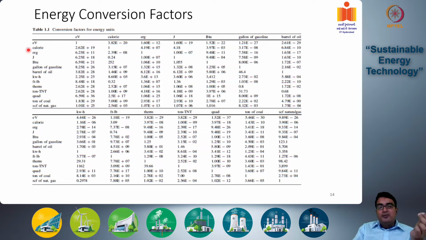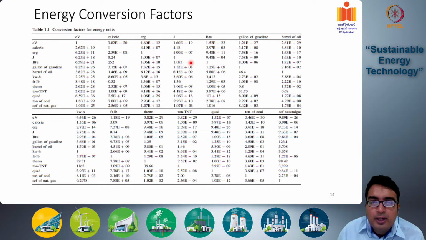Another common unit of energy, as we discussed, is calorie, for thermal energy, energy contained in food, etc. That is around 4.18 joules, so very close to 4 times 1 joule approximately. 1 erg is 10 to the power minus 7 joules, so a significantly smaller unit of energy. 1 BTU is 1055 joules, so slightly more than 1 kilojoule. So this is a comma and not a full stop. Just remember that.